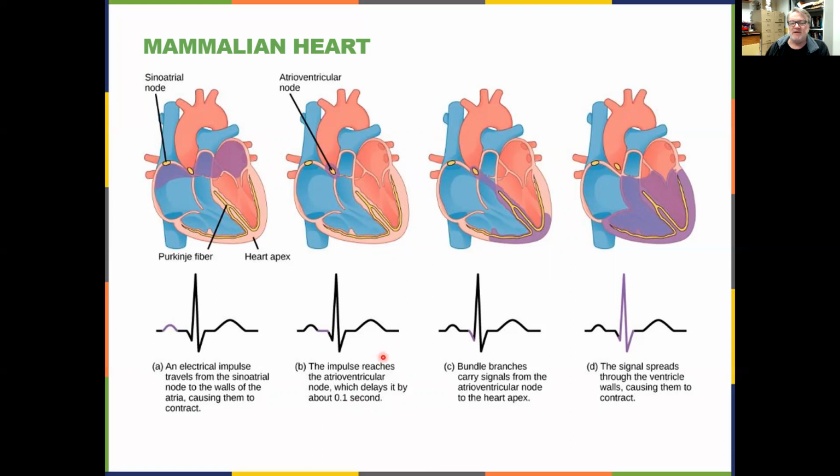About 100 milliseconds later, the electrical signal very rapidly travels from the AV node down to the apex of the heart, so that the heart starts contracting from the point forward, because remember, the arteries are coming off the top. So the contraction of the ventricles is designed to push the blood from the bottom to the top. And all of this is reflected in the electrical signal of the EKG, as shown in this diagram.